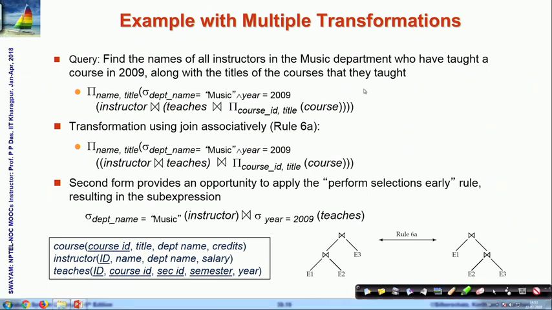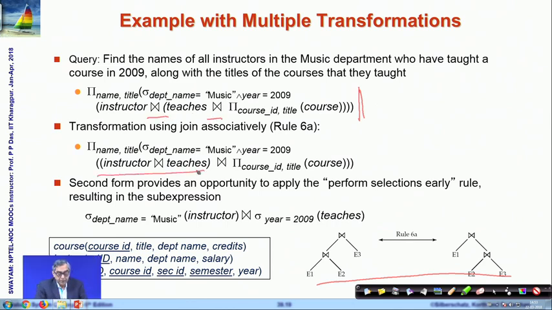So, here is the corresponding relational query, which you can convince yourself is indeed the same, and then we can transform using rule 6a, which I have shown here, which is basically the associativity of join, because there are two joins and we are using the associativity of join to first join the second and third relations and then the first relation is joined with that.